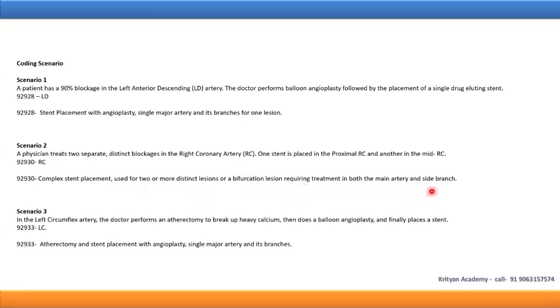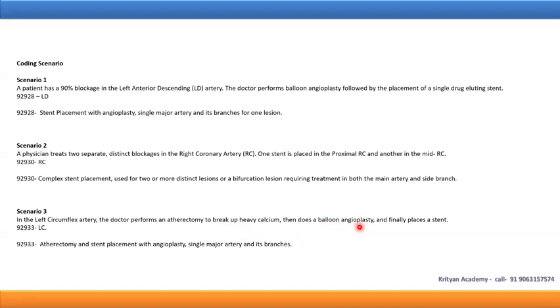And in scenario number 3, in the left circumflex artery, the doctor performs an atherectomy to break up heavy calcium, then does a balloon angioplasty, and finally places a stent only. If you observe here, atherectomy, angioplasty, and stent. So we have a guideline, right? Whenever they perform atherectomy and stent, we have a combination code.